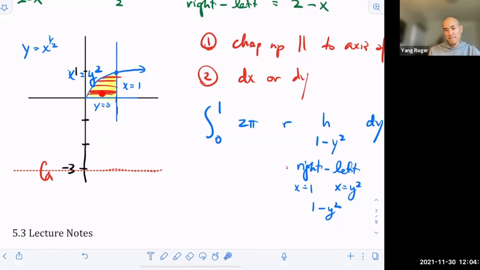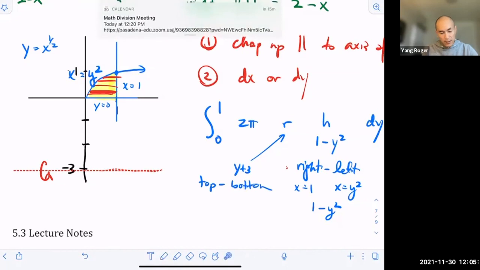Top minus bottom is correct. Y minus -3 is correct. Y plus 3 is correct. So this guy is y plus 3. I'm going to write down what Ken said. This is top minus bottom.